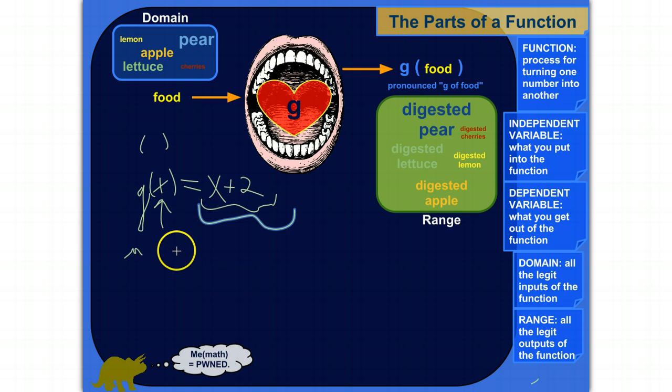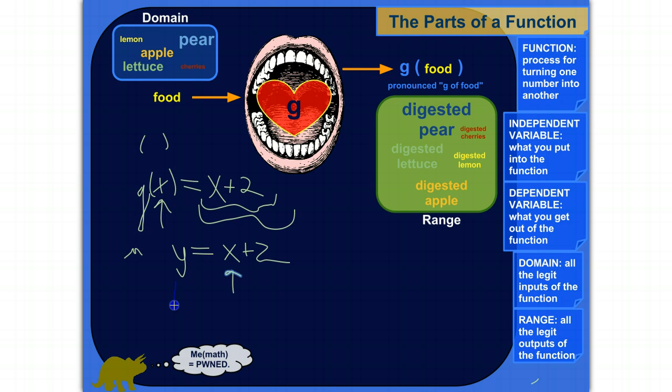So instead of g of x, which is function notation, you could write it as an equation with two variables: y is equal to x plus 2, like that. And so x would be my independent variable. I can choose whatever I want to put in there. I could put in a 10 and say 10 plus 2 is 12. I could put in a billion. A billion plus 2 is a billion and 2.